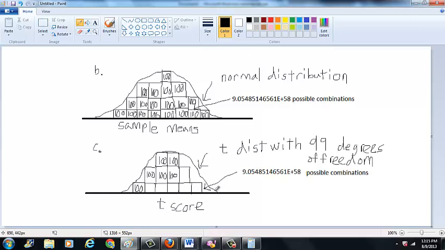The t-score we calculated is 20. I would put it close to the right end of the curve since it's a large positive number. This is the t-score of 20, right here.